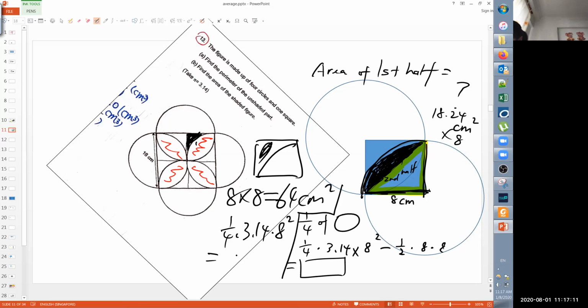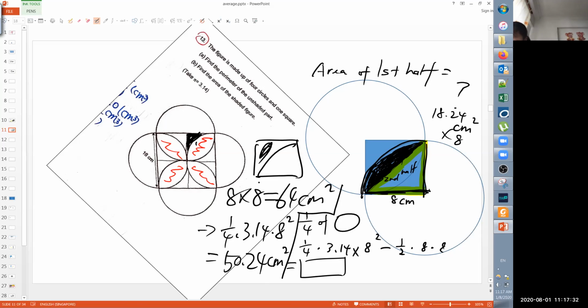What's the answer for the quadrant? 50.24.